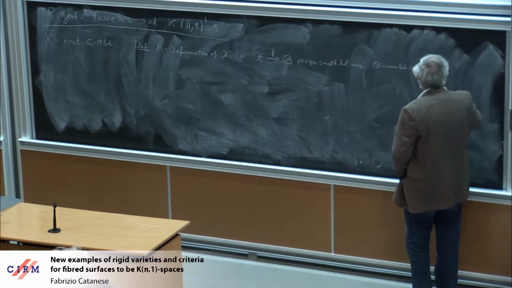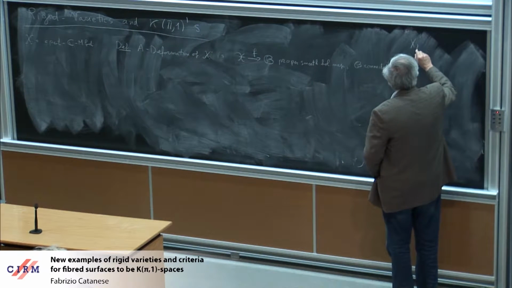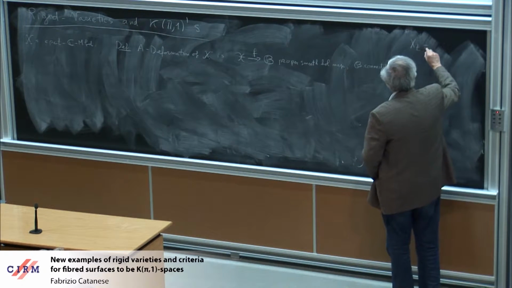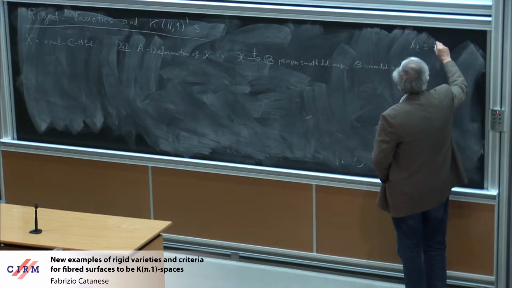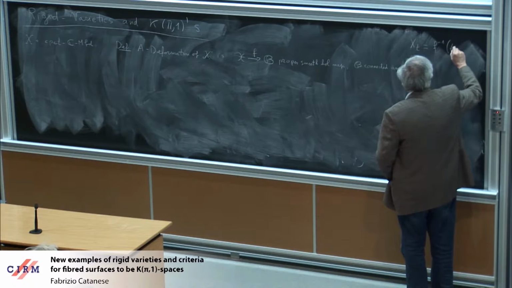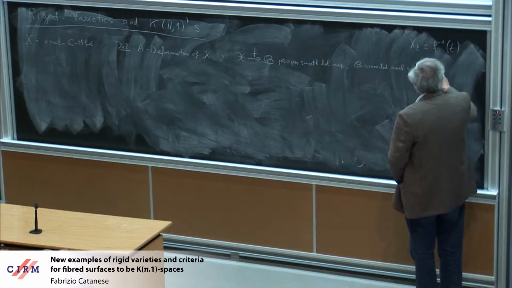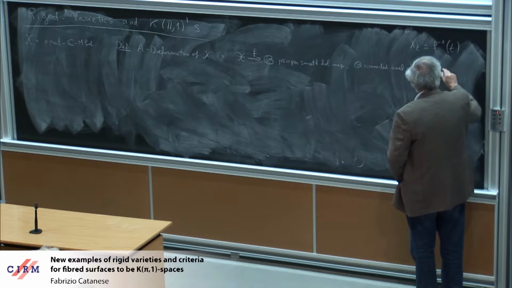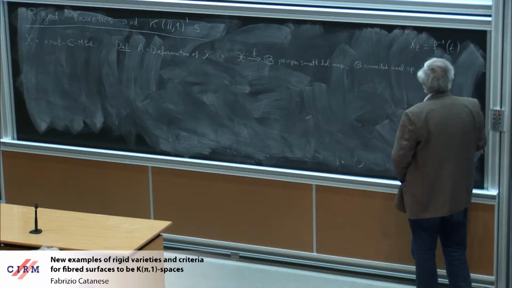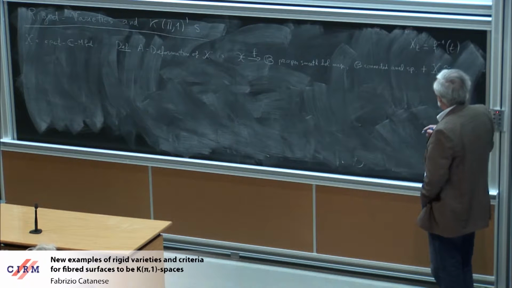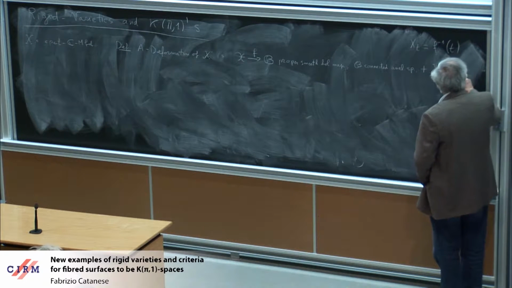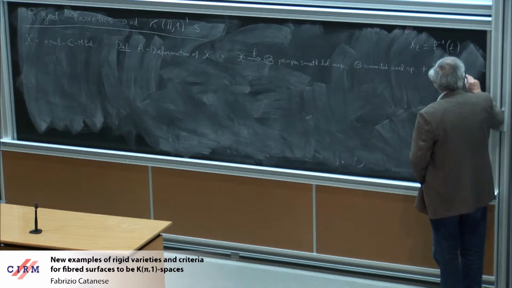And if we denote by Xt the fiber over the point t, we also give an isomorphism of X with the fiber over a certain point t0.